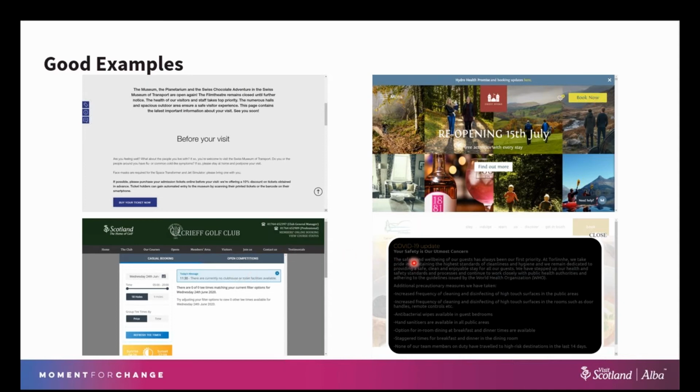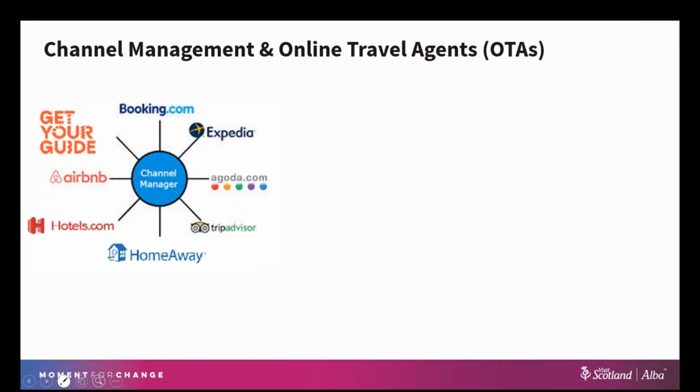This final option, perhaps not quite as good in terms of being able to view the text, but the actual content that they have there is excellent, and the fact that they have a book now option again in the top right-hand side, after they've given visitors, I suppose, a safety checklist of what they can expect at the business, is excellent. That's for a guest house in Fort William. Those are some good examples of online booking combined with information about the safety procedures that you'll have in place.